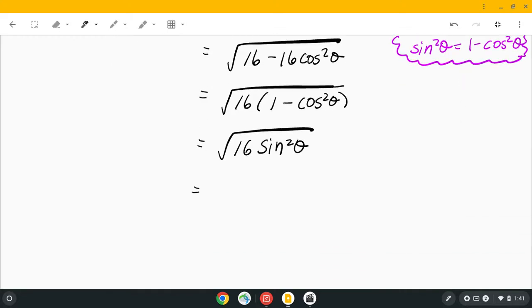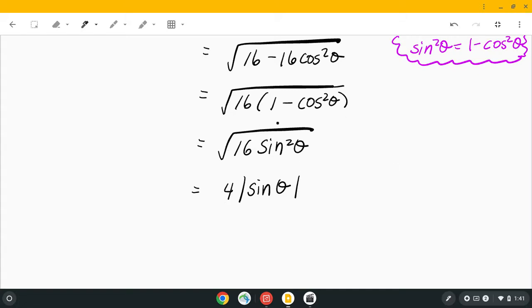Okay, and then here, square root of 16 is 4, and square root of sine squared is sine theta, but we want to make sure that we take the positive result. Because let's say the answer to sine theta is negative 1, and we square it, then that changes things here.